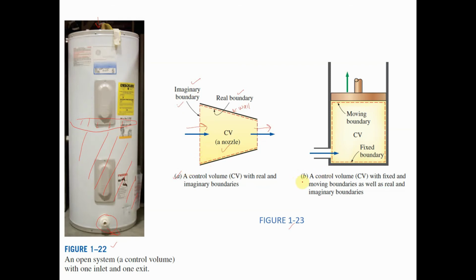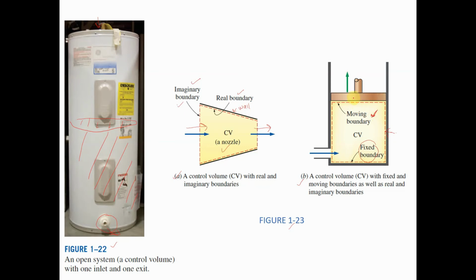And in example B here, this is another example. This is a chamber where we have the fixed boundary here, and the fixed boundary normally is related to something that is considered like a wall or something that we cannot move. And then we also have something that is moving, and this is what we call the moving boundary.